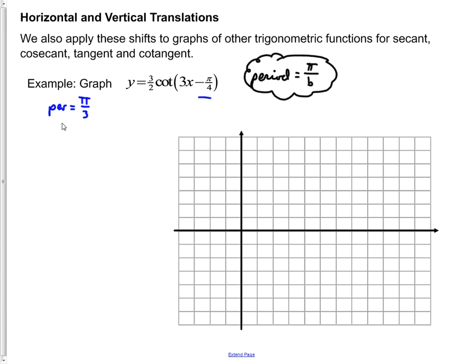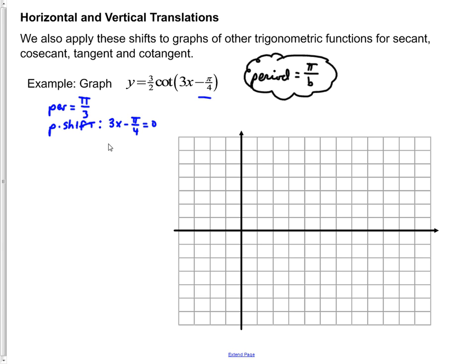There's a phase shift in our graph, and our phase shift can be found just like it was with the sine and cosine graph by setting 3x minus pi over 4 equal to 0 and solving for x.